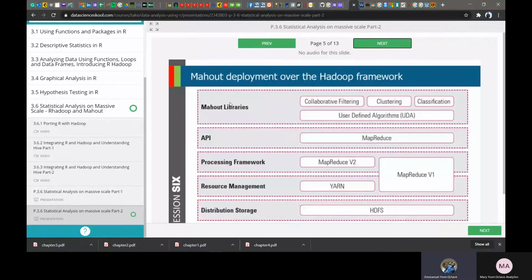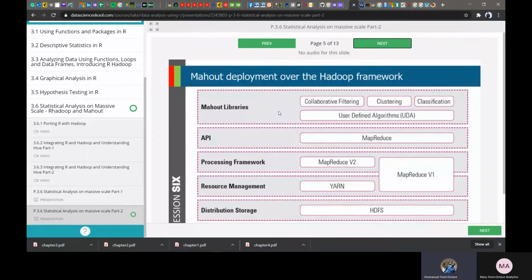First of all, we are looking at the framework of Mahout over the Hadoop framework. These are the statistical algorithms we have: collaborative filtering, clustering, and classification. With Mahout, you can also create your user-defined algorithm, if the inbuilt algorithms in the Mahout libraries do not fit what you need to do.